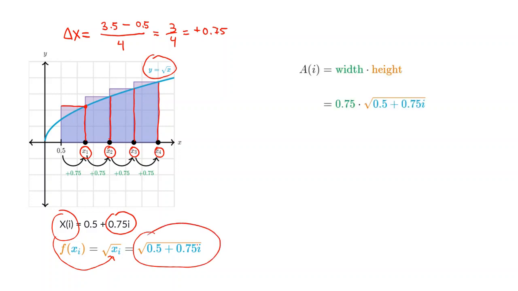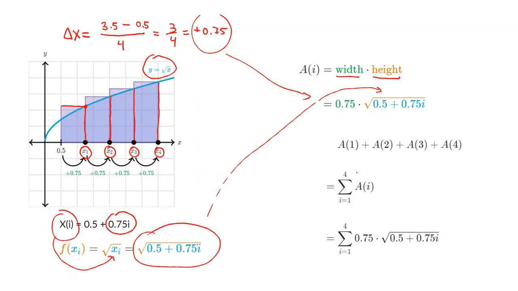Next, we know that the area of rectangle i equals the width, which is delta x, times the height, which is f(xi). So we can substitute the values. This is delta x, and this is actually the height, f(xi). Then we sum the 4 rectangles with the sigma, the one that we learned from the previous slide.